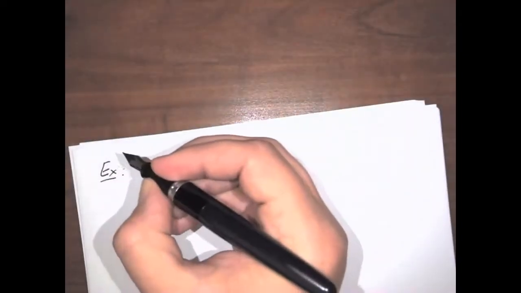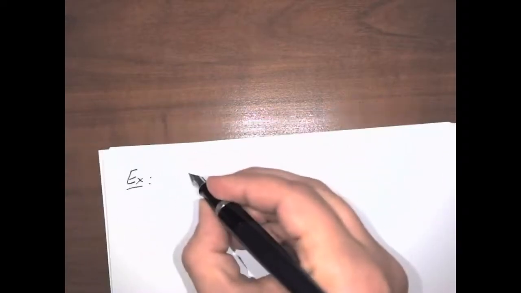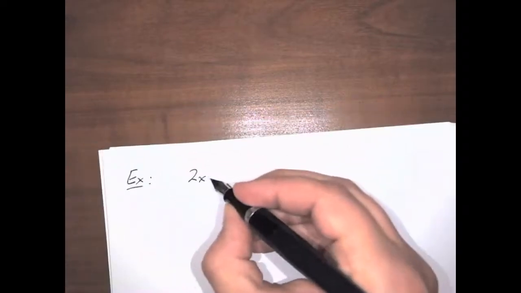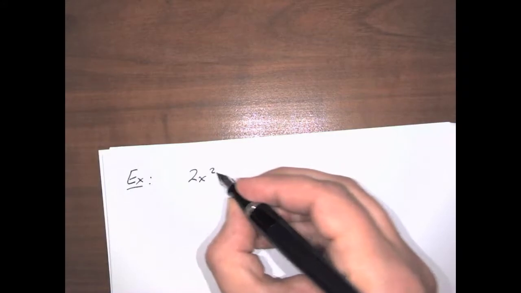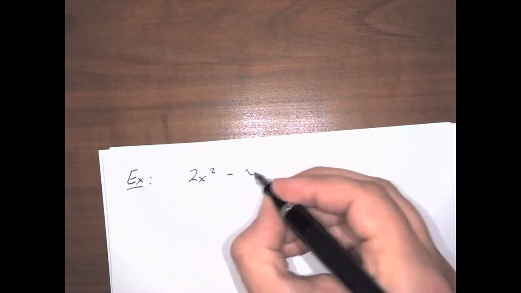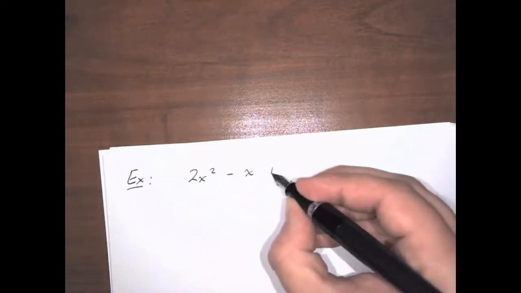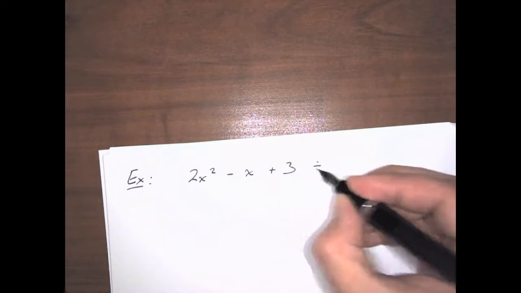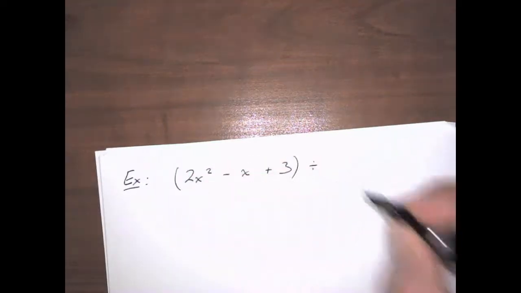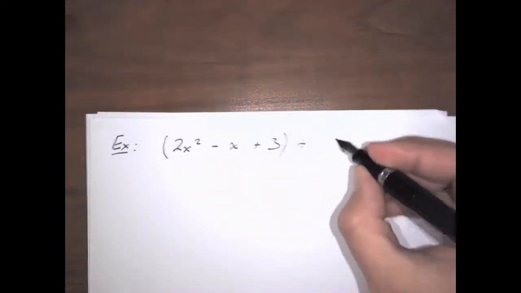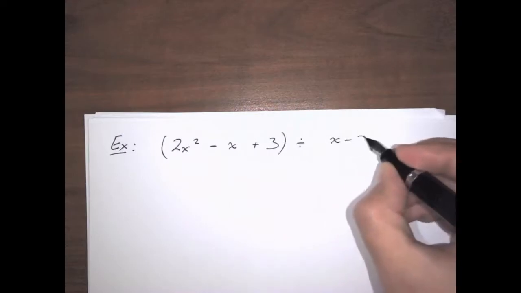Let's take something like 2x squared minus x plus 3 divided by x minus 3.